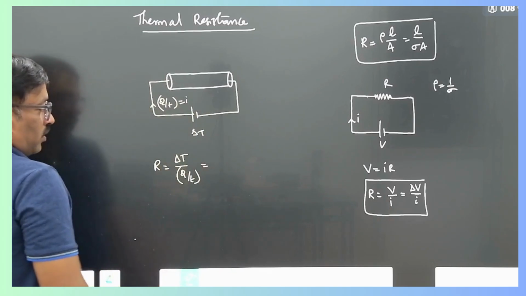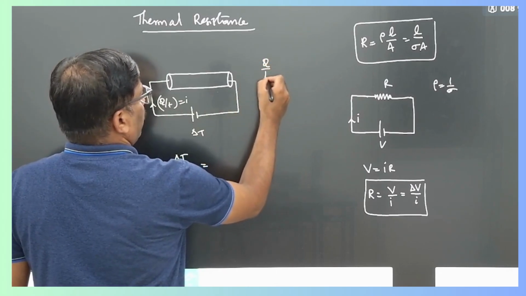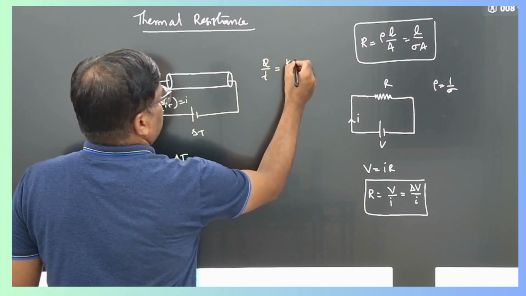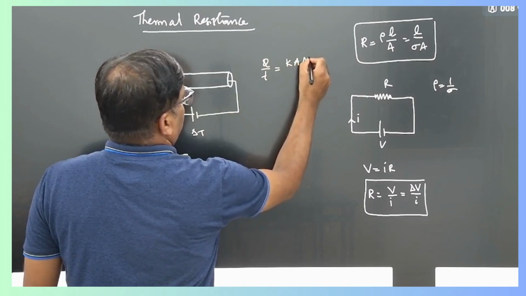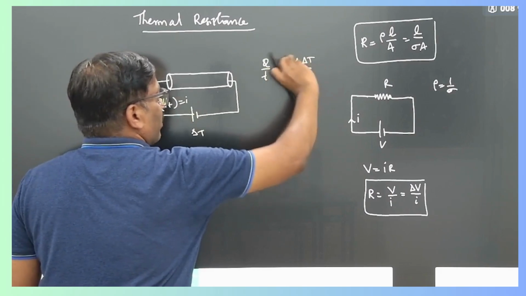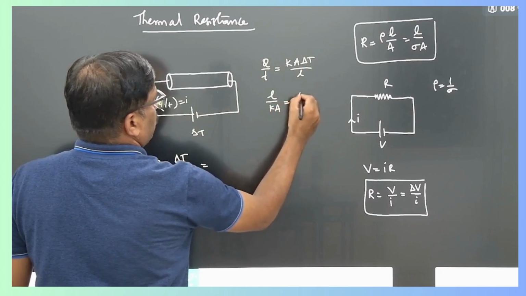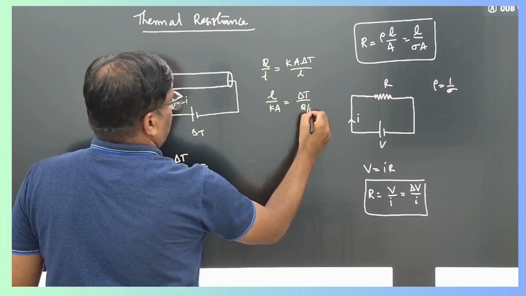Clear? So we have written one formula: rate of flow of heat energy is K into A into delta T by L. So what can I write now? Taking this Q by t, L by KA is equal to delta T by Q by t.